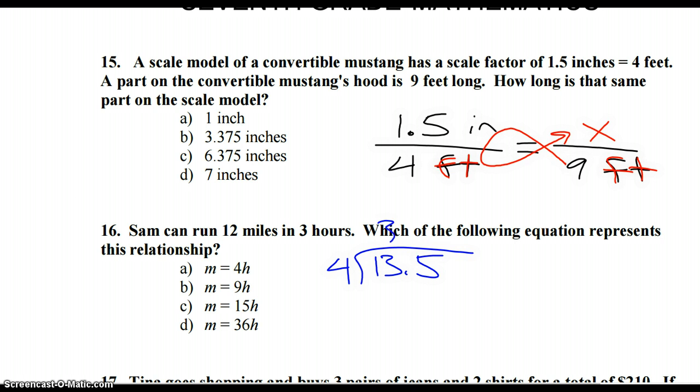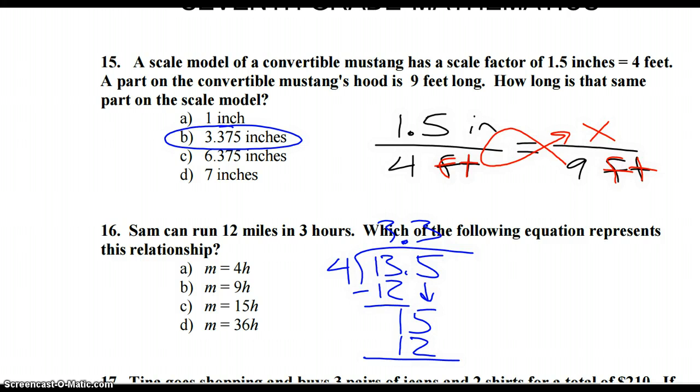We get 3, put my decimal up there, subtract, bring my 5 down, 4 goes in there 3 times, and then 3 times 4 is 12. And if you finish this out, you'll find out that it is actually B right here. It will come out to 3.375 inches on the scale model. All right. So that is 11 through 15.